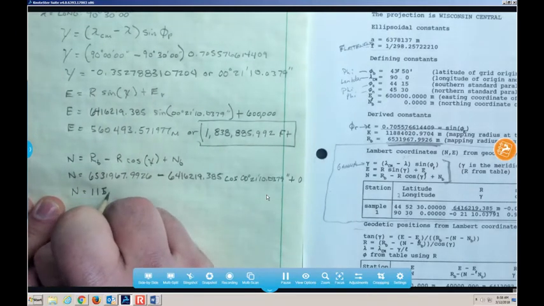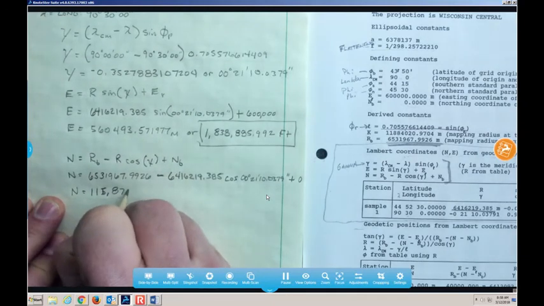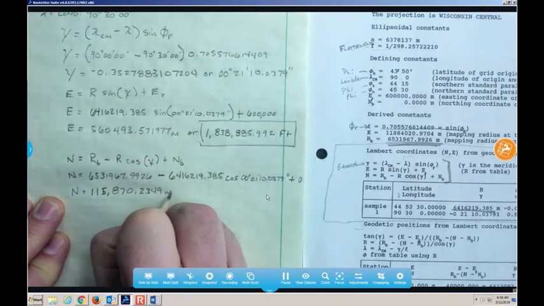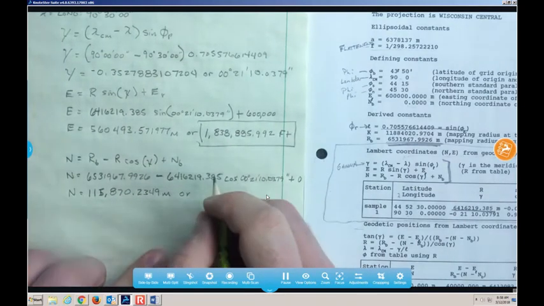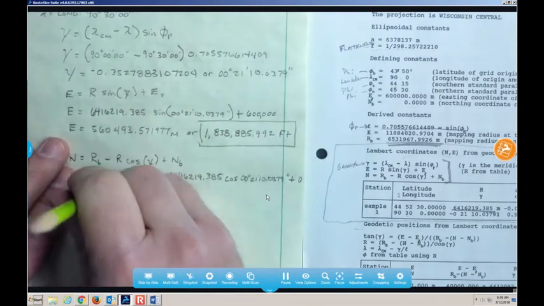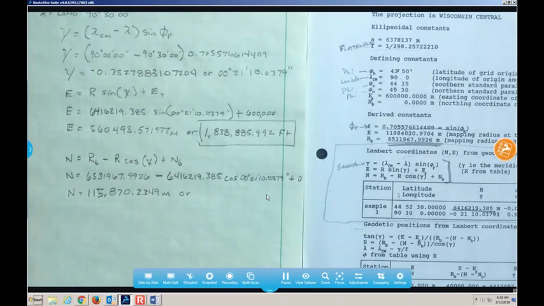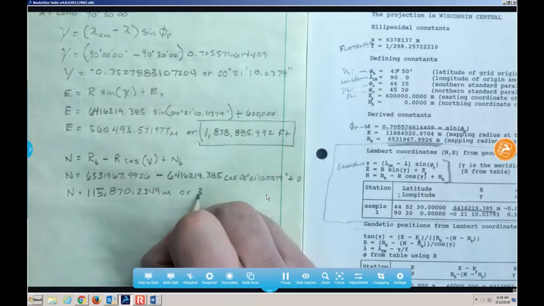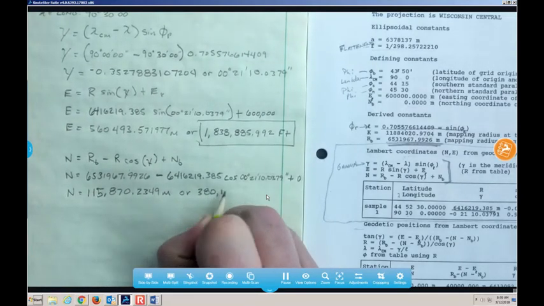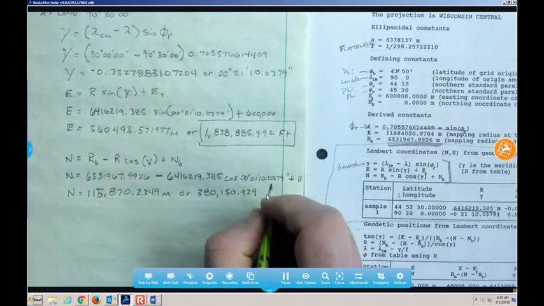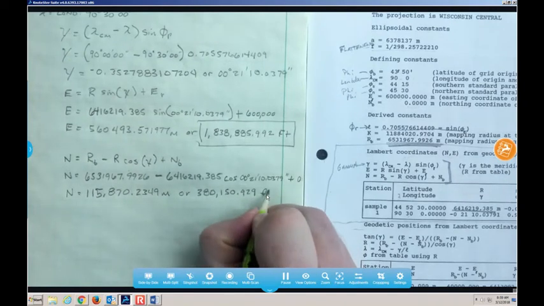$115,870. Okay, that's in meters. Let's put it in feet. $929 feet.